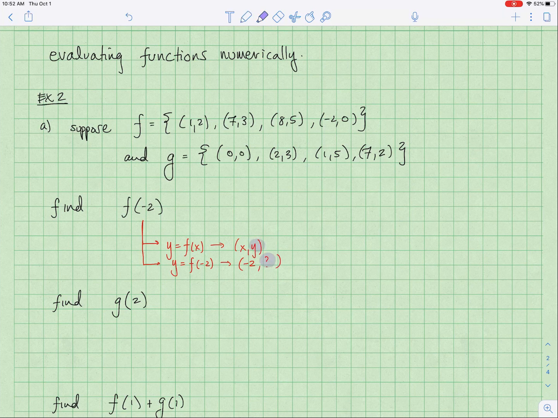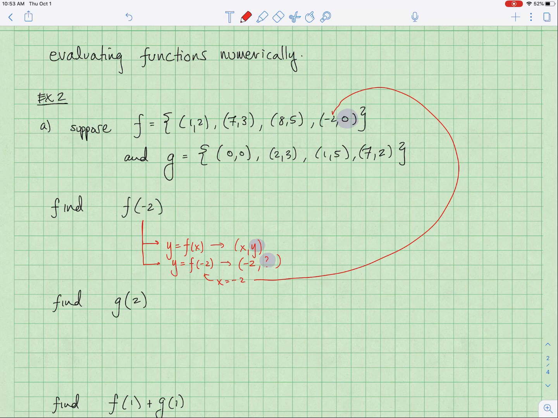So what we're going to do is go up to f, and find the ordered pair that has an x value of -2. There it is. And what we want is the corresponding y value that goes with x equals -2. So, again, x equals -2.